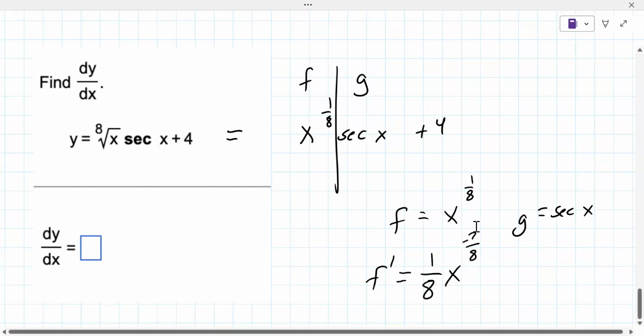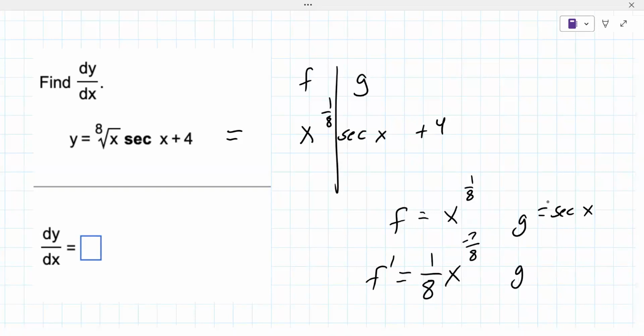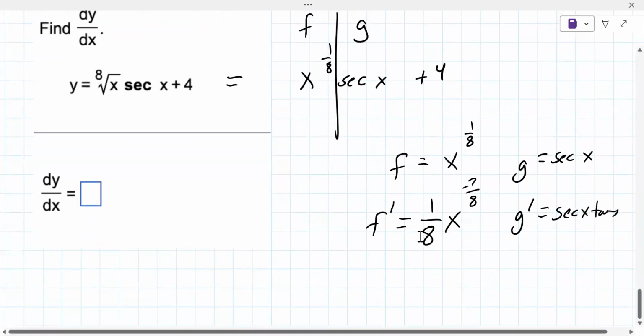1/8 x to the 7/8. Minus 7/8, yeah, good. And then do you remember the derivative for secant? It's secant x tan x. Yeah, secant x, tangent x, good. Okay, so the derivative of this is f prime g plus f g prime.